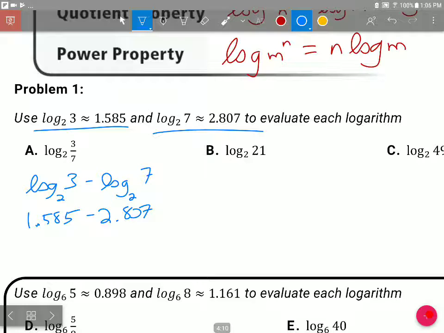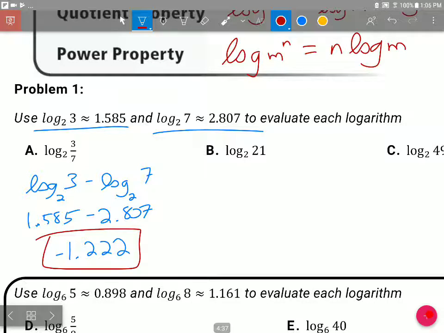Negative 1.222. I think it's three 2s in a row, isn't it? Cool. So we evaluated this log. We didn't know what this equaled, but we broke it into two things that we did know. All right? And we can solve from there. Cool?